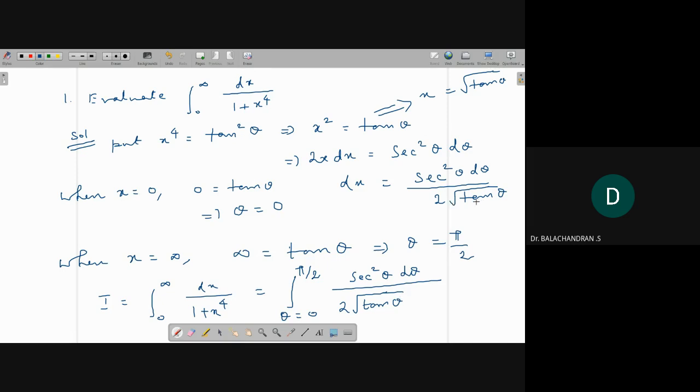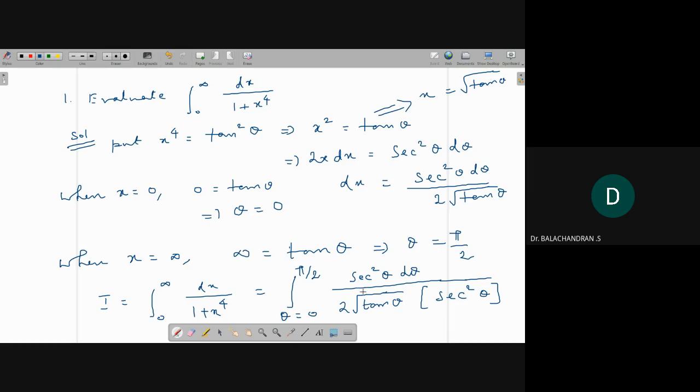And 1 plus x power 4 is 1 plus tan square theta, which is secant square theta. So secant square theta gets cancelled.